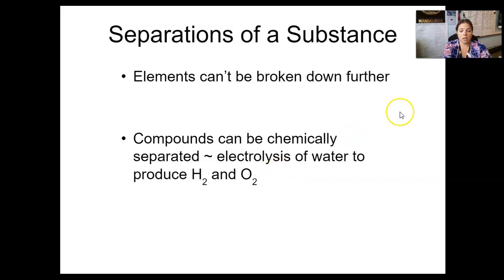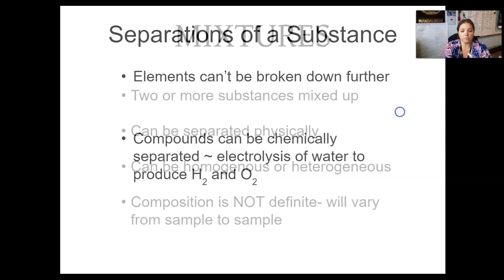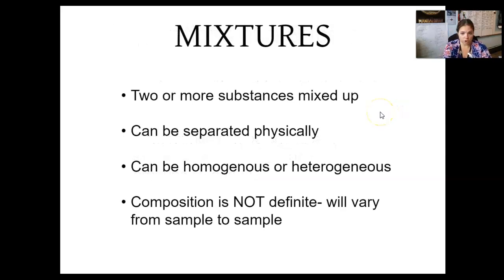Separations of a substance. Elements can't be broken down any further. It just can't. Compounds, however, can be chemically separated. For example, electrolysis of water, H2O, to produce H2 and O2, so hydrogen and oxygen. Mixtures.